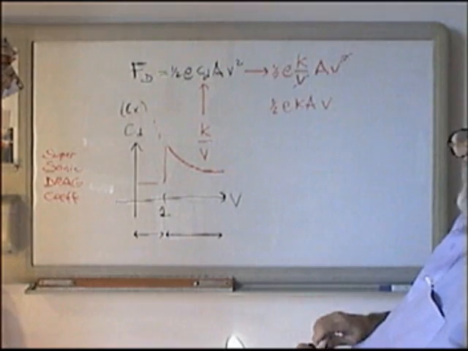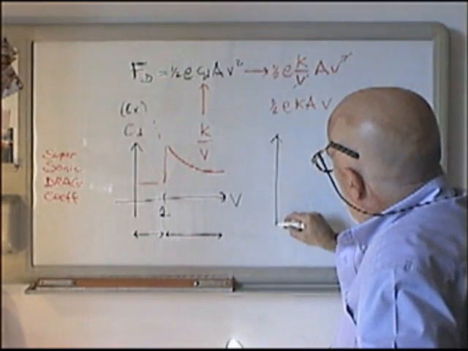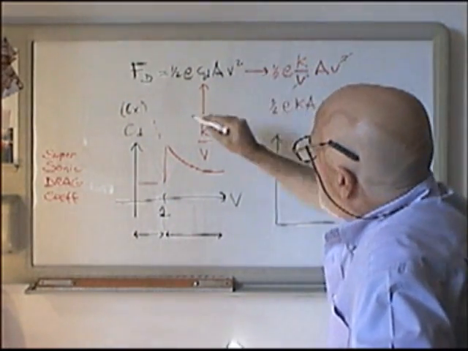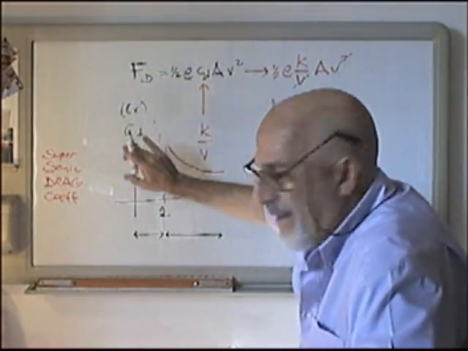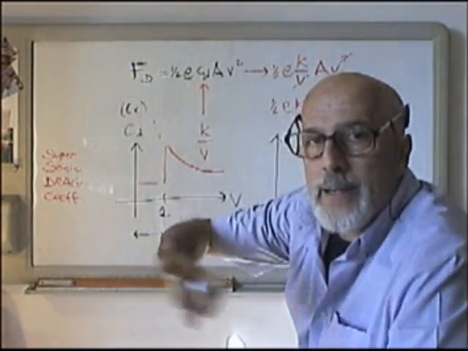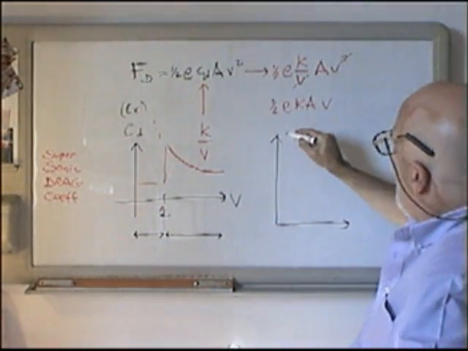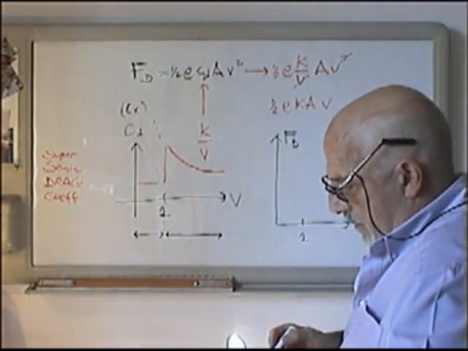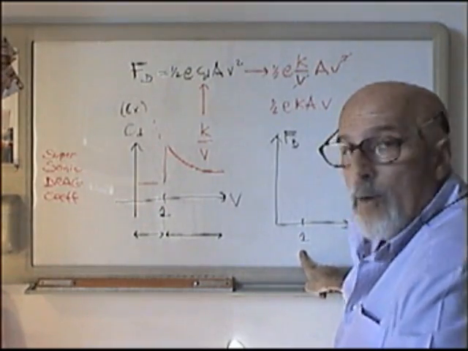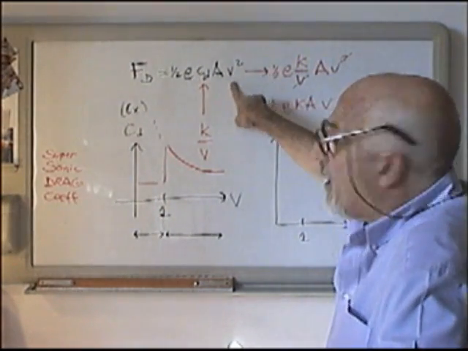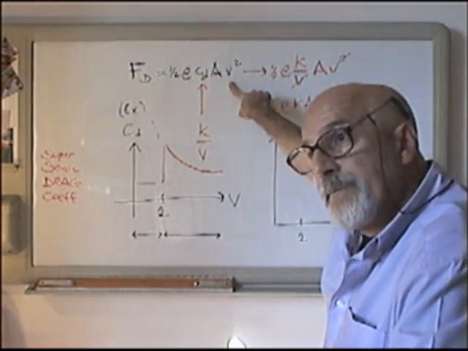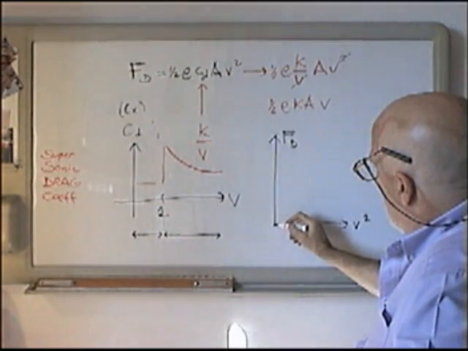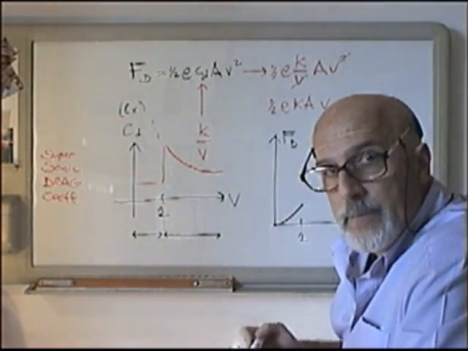So I was figuring out, what does it mean this? Considering not this CD, the coefficient of drag, but the force drag as a whole. The force drag before Mach 1 is a parabola, is proportional to V squared. So you get a line like this, right?